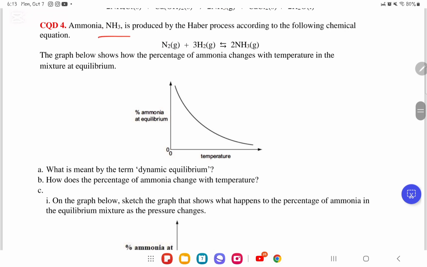Ammonia, NH3, is produced by the Haber process according to the following chemical equation. The graph below shows how the percentage of ammonia changes with temperature in the mixture at equilibrium. What is meant by the term dynamic equilibrium?